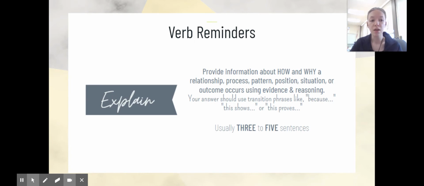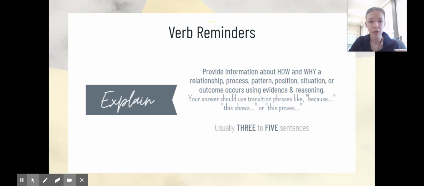You should be thinking it should probably be about 3 to 5 sentences, if not more. You're providing information about how and why a relationship exists, how a process exists, why the pattern exists, explaining these situations and outcomes using evidence and reasoning. So again, you want to include examples and evidence in your answer to make it stronger.